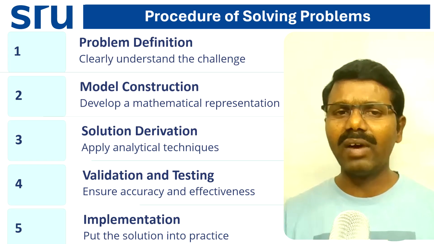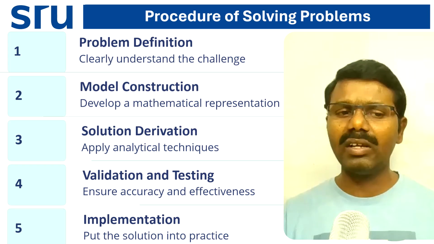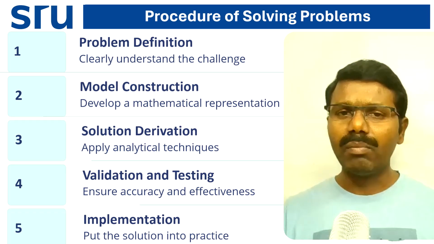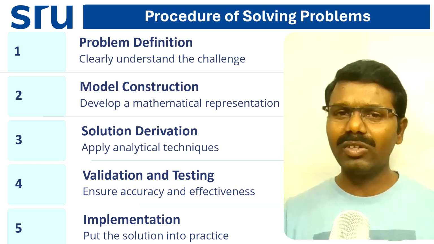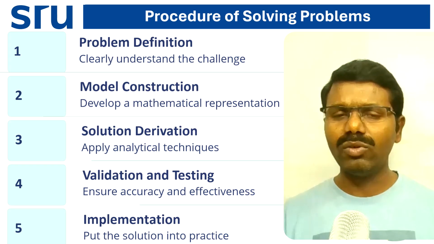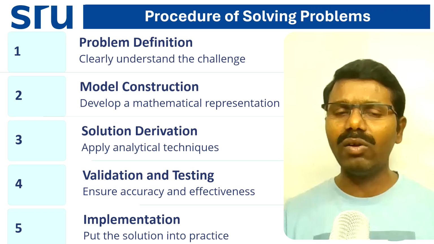So that is why, after you understand the problem definition, you need to convert it into a mathematical representation. Then the next one is solution derivation. Here we need to solve the mathematical representation by using our theoretical knowledge, and there we are going to get the solution. This step from second to third is very easy for you because you all know how to solve mathematical problems.